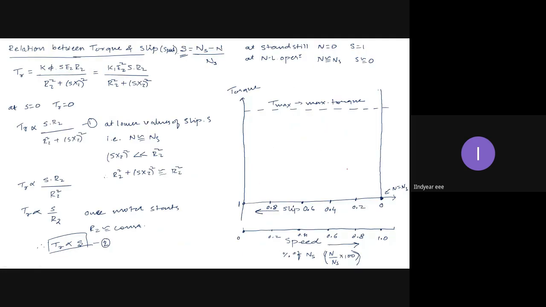So as slip is increasing from right side to left side, I am taking the reference as slip because slip is there in the equation of torque. So as the slip increases, the torque is increasing linearly.